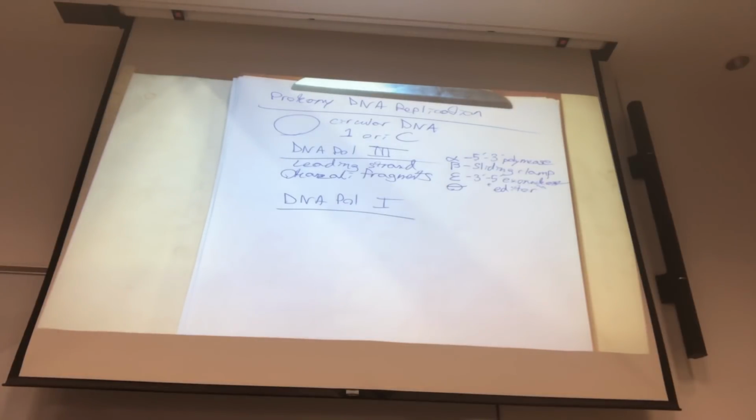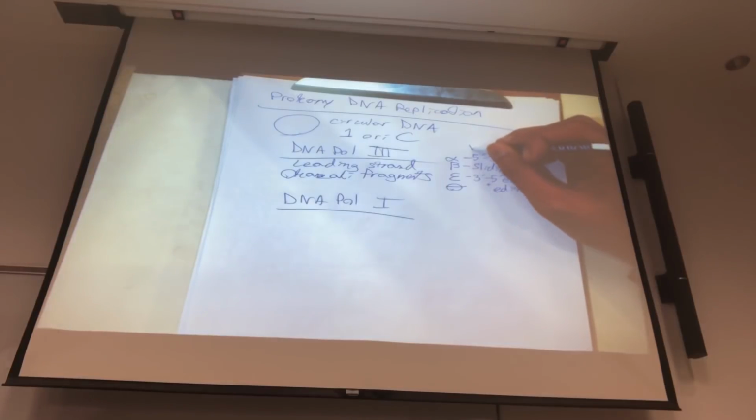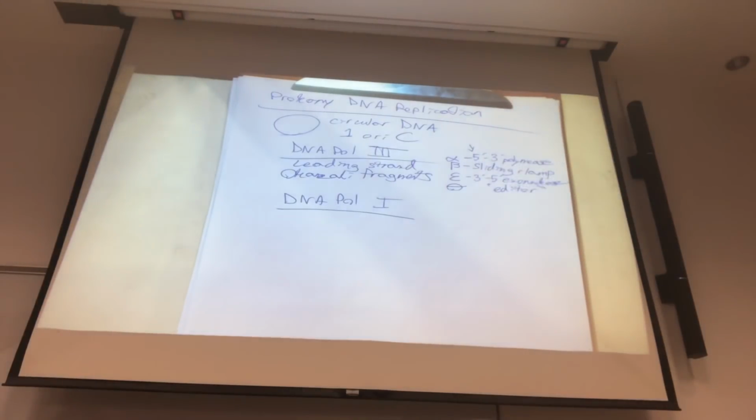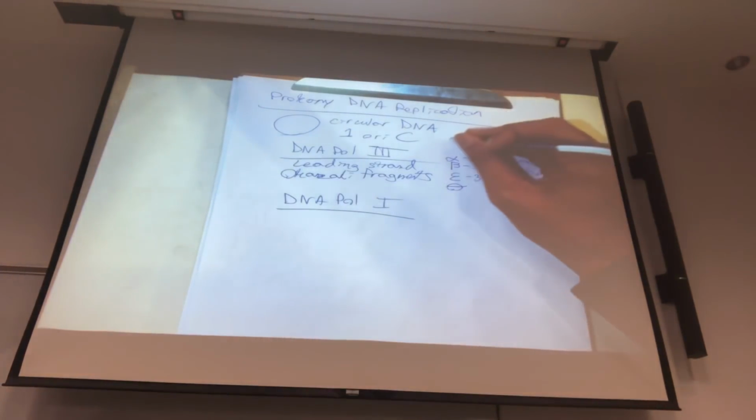So 3' to 5' exonuclease, functionally, removes nucleotides, and the only time you want that to happen is if you made a mistake. If this DNA polymerase is adding nucleotides one at a time complementary to a template strand of DNA and it makes a mistake, the one that actually detects the mistake is the 5' to 3' polymerase. This is your proofreader.